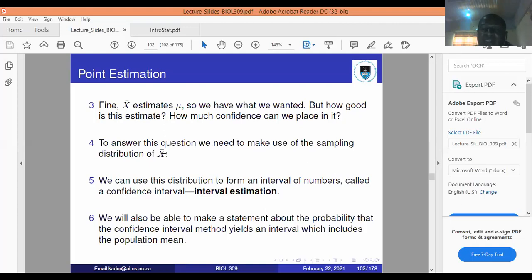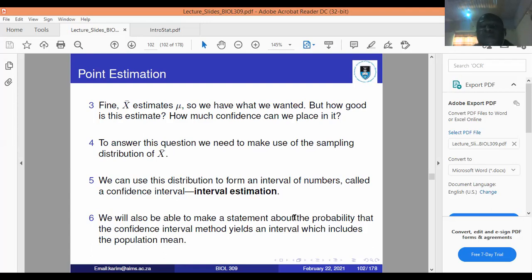Based on that range, we will be able to tell with a certain level of confidence that our mean is representing the population, and therefore we can generalize by saying that it will take an average of approximately 18 minutes to walk to the university. And when that happens, we are dealing with interval estimation. So we are moving from point estimation to interval estimation.